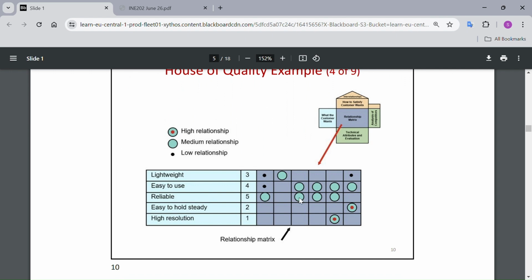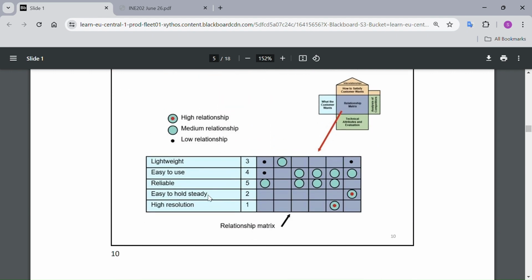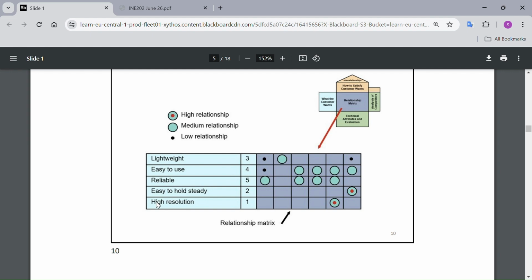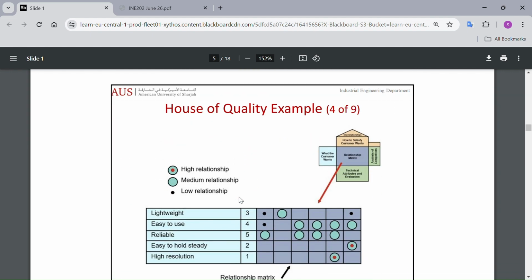So autofocus is part of being reliable. Also, if we want easy to hold, steady, there is a high relationship between the camera being easy to hold and steady, and the ergonomic design. There is also a strong relationship between high resolution and having a high number of pixels.